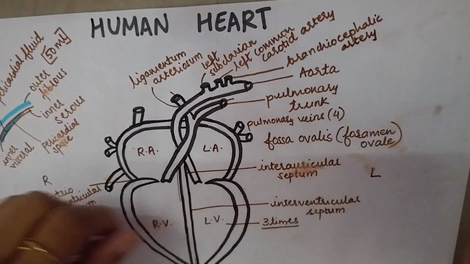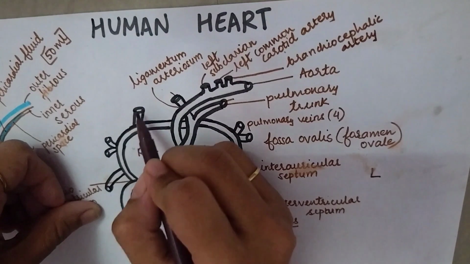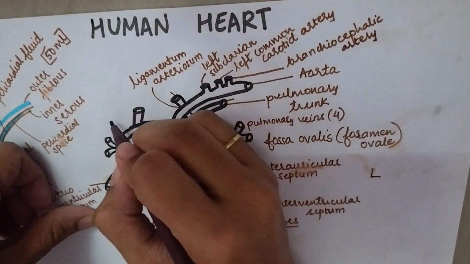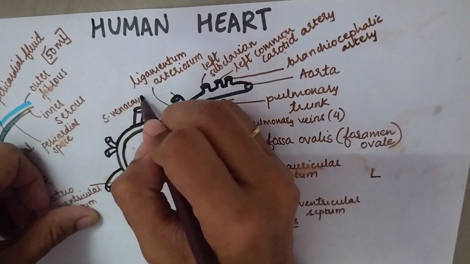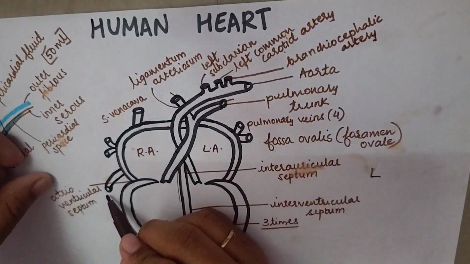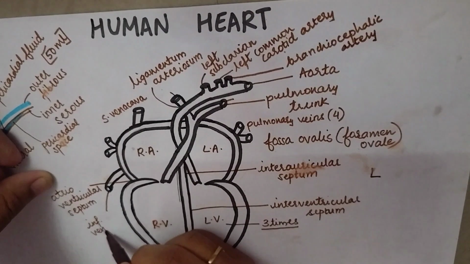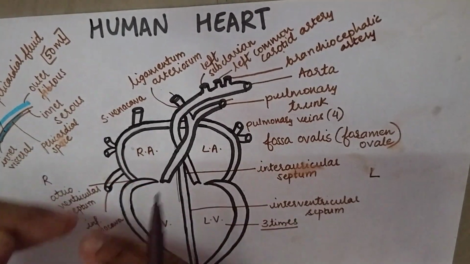This is important. The right atrium receives blood from this superior opening and this inferior opening. This superior opening is the superior vena cava, which will bring blood from upper parts of the body. This inferior opening is the inferior vena cava, which will bring blood from the lower parts of the body.